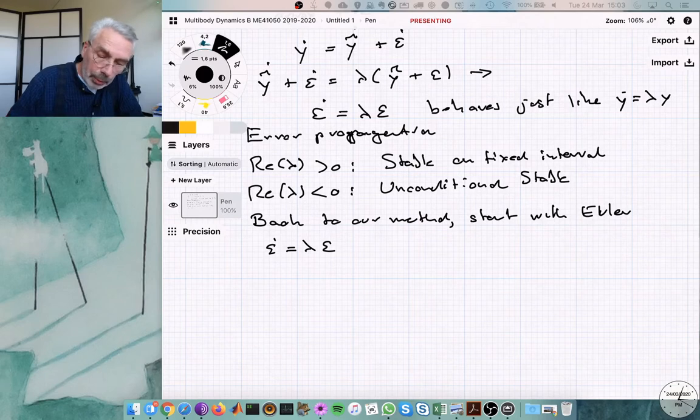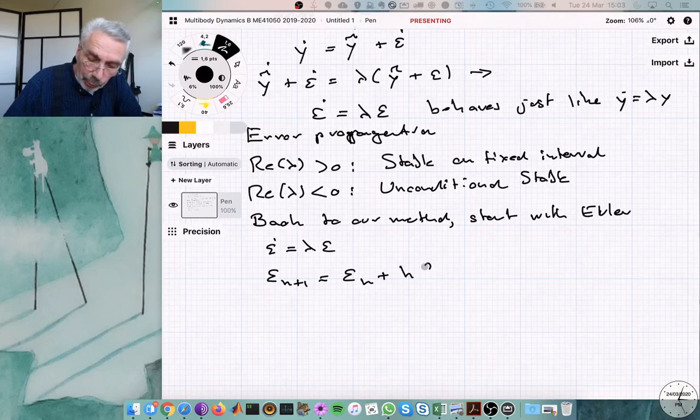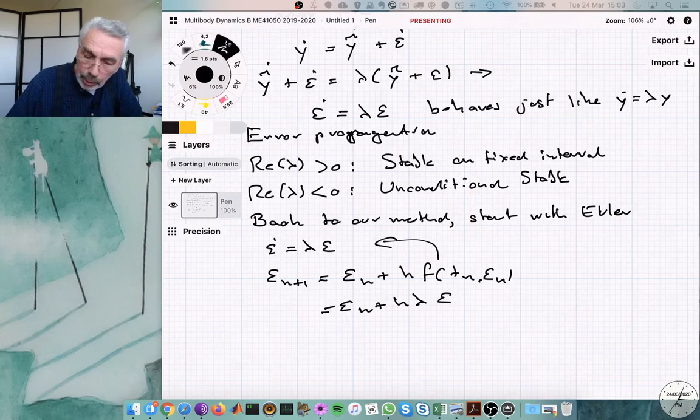So what happens? Well, we get epsilon n plus 1 is epsilon n plus h times the function value at t n, epsilon n, but that function value is of course this function, so that's epsilon n plus h times lambda times epsilon n. Or in other words, you could say the new solution equals 1 plus h lambda times epsilon n.